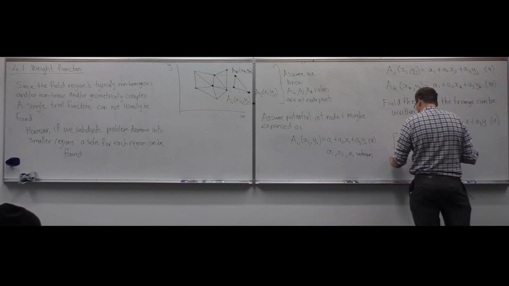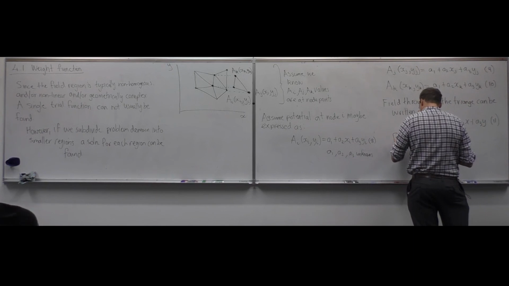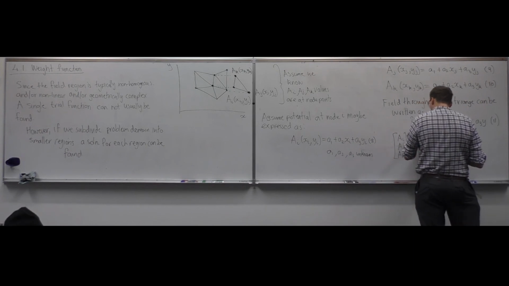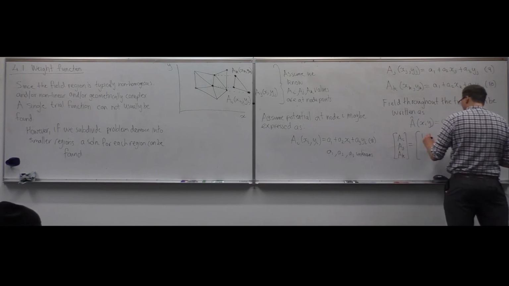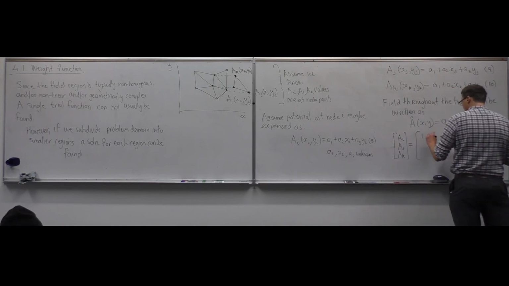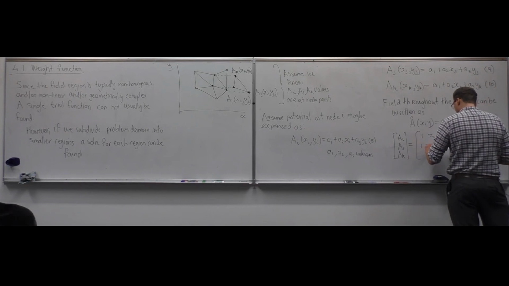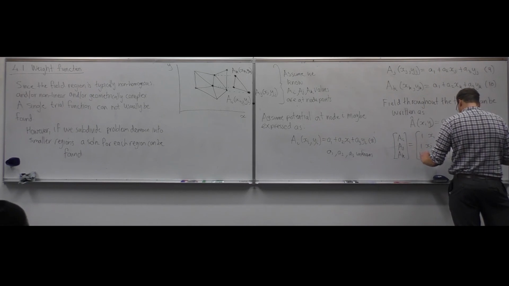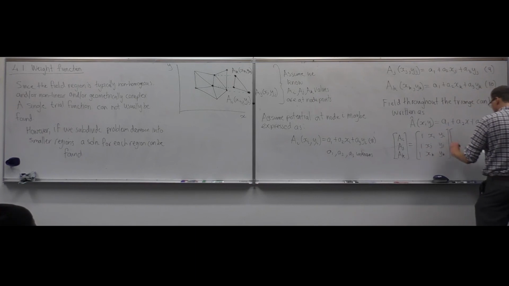So what we could write is that we have the three values AI, AJ, and AK, and they are equal to a matrix which has the spatial positions, xi, yi, 1, xj, yj, 1, xk, yk, 1, and then that's multiplied by A1, A2, A3.